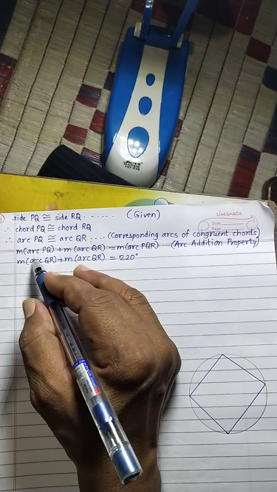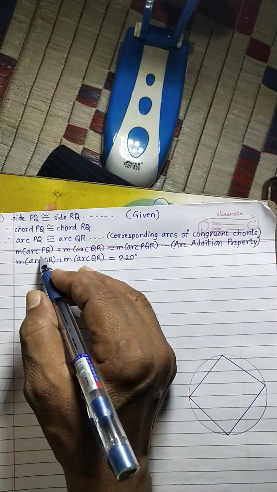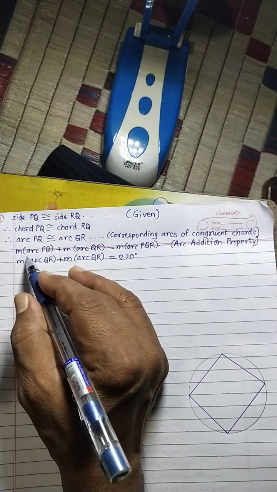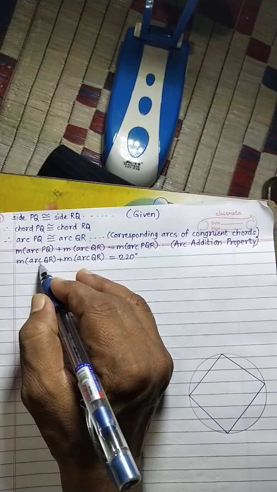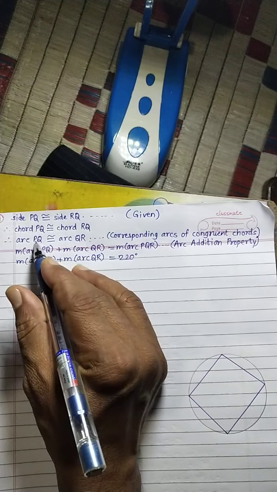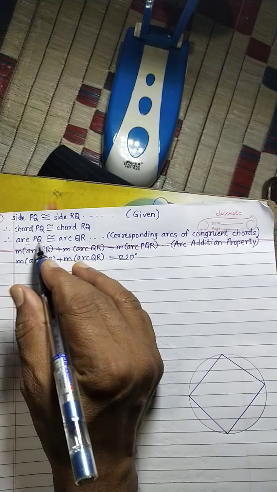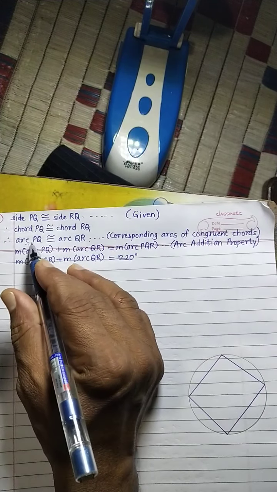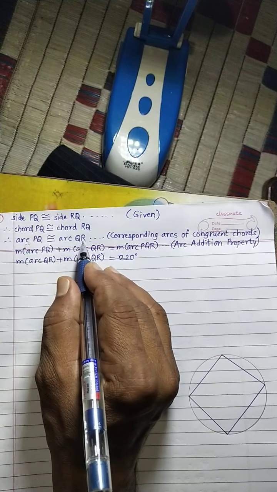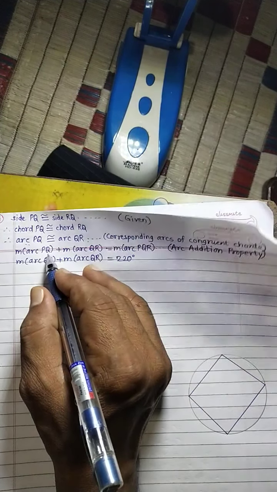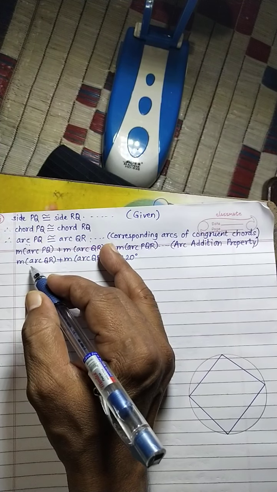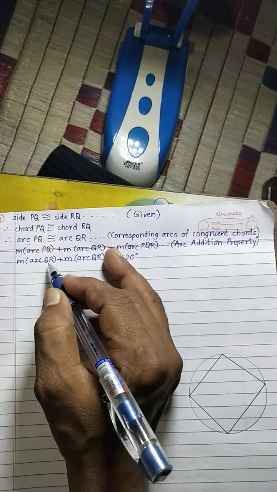Here I have written measure of arc QR in place of measure of arc PQ. Why? Because of this statement: arc PQ is congruent to arc QR.